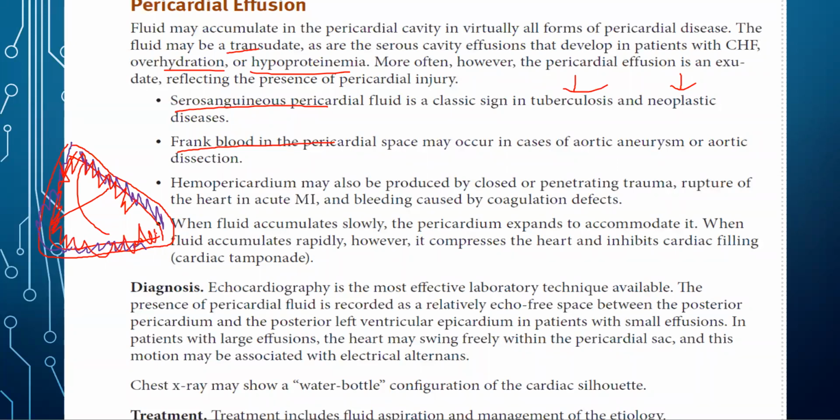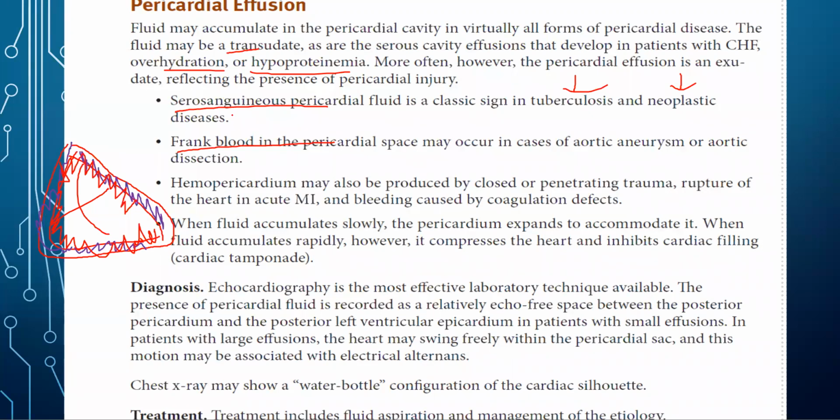So the heart cannot fill in properly, resulting in heart failure. There is a specific name for that. What is it called, guys? Yes, cardiac tamponade. Okay, so that is known as cardiac tamponade.